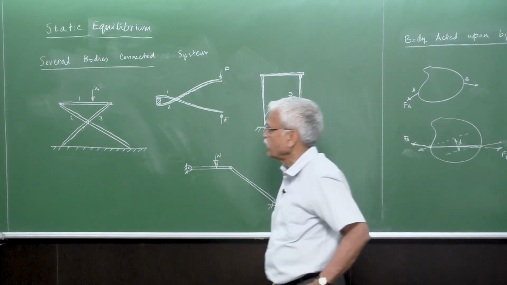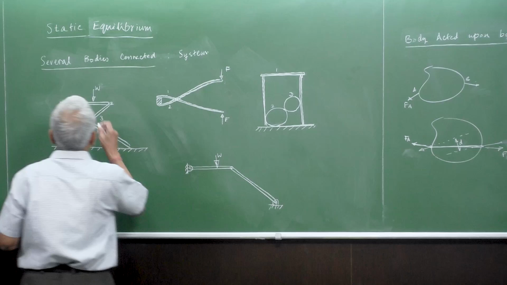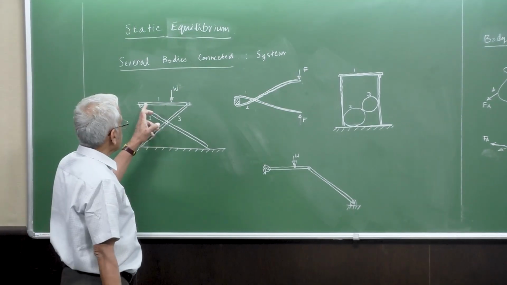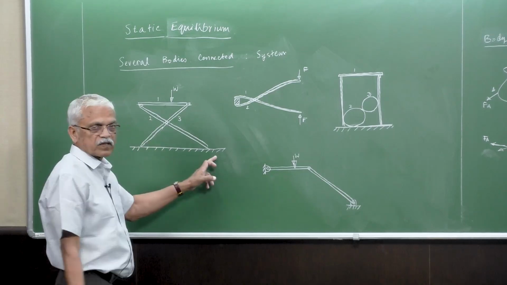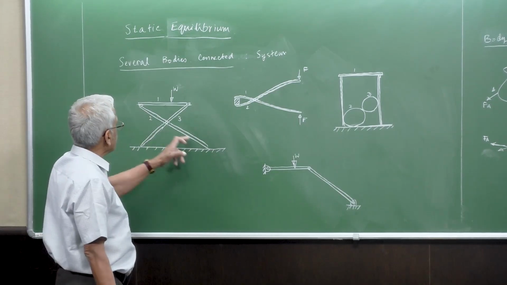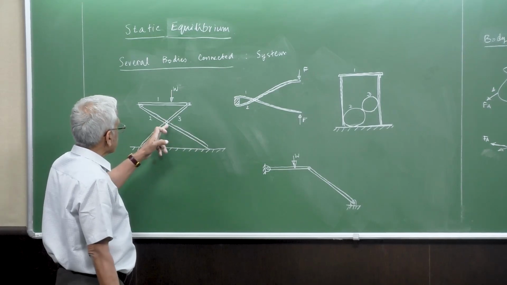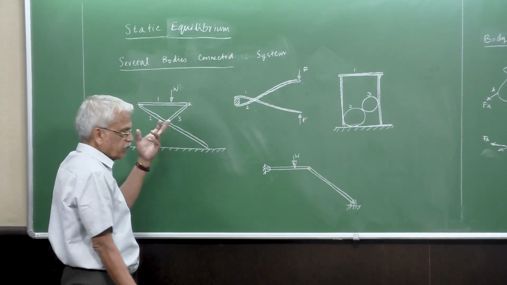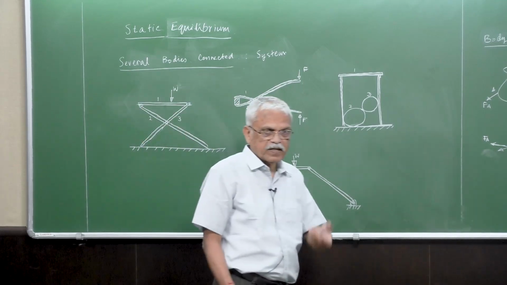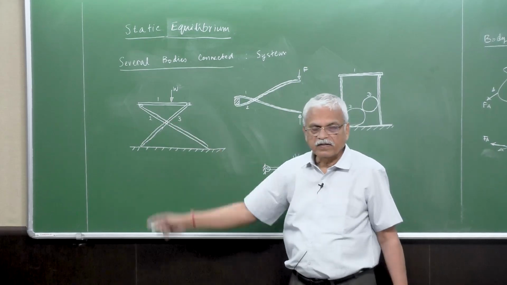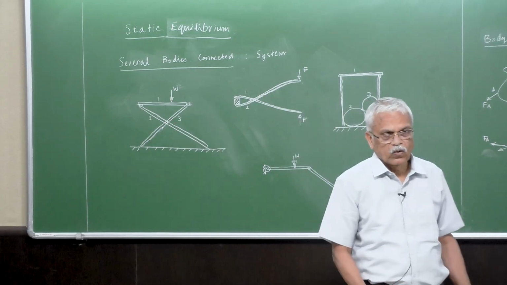For example, here we have a weight acting on this one. Because of this weight, obviously it has to be transferred to the ground, and so it will pass through these cross legs as well as the pin here. In fact, the pin can also be considered another body, and everything is subjected to certain loads.